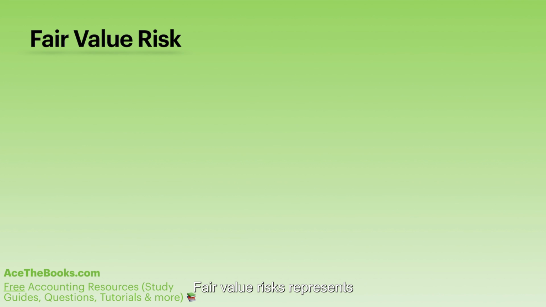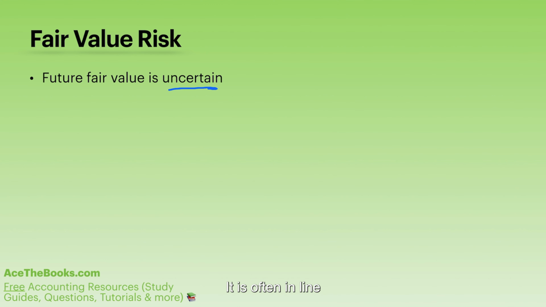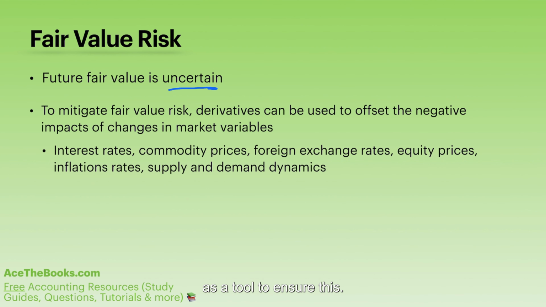Alright, fair value risk represents the fact that future fair value is uncertain. It is often in line with the risk management policies of a company that significant fluctuations in their net asset positions are avoided as much as possible. And therefore, fair value hedging can be used as a tool to ensure this. In other words, companies may adopt fair value hedging to mitigate this fair value risk and offset the negative impacts in market variables.